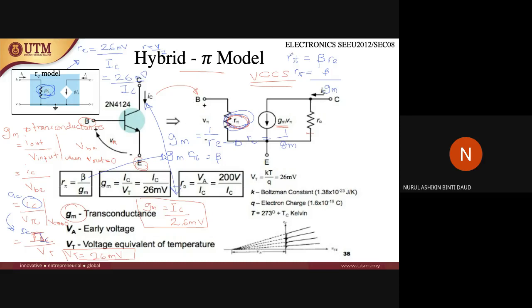From the transconductance, we can write gm equals 1 over re, and rewrite again re equals 1 over gm. Once you get this re value, you can substitute it into this equation, so you will get at last r pi here is beta over gm.